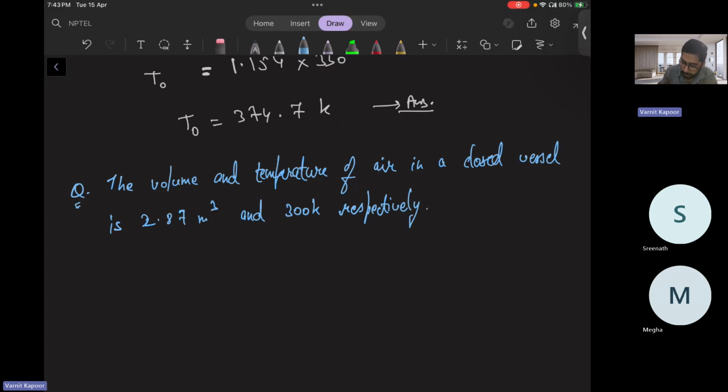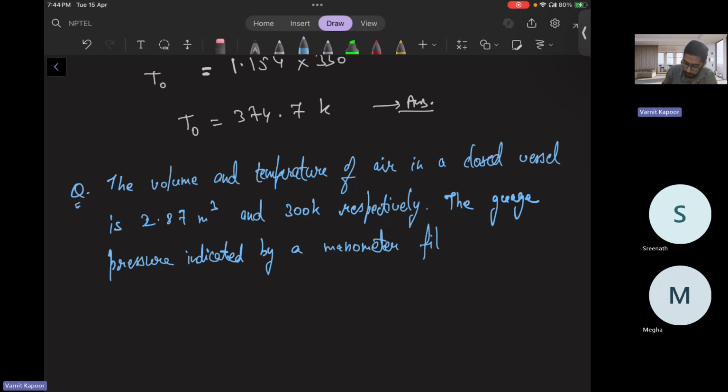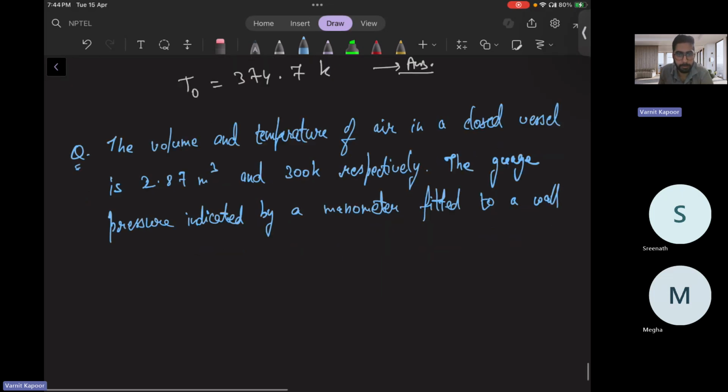The gauge pressure indicated by a manometer fitted to the wall of the vessel is 0.5 bar.